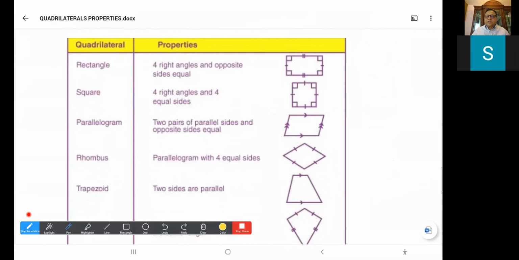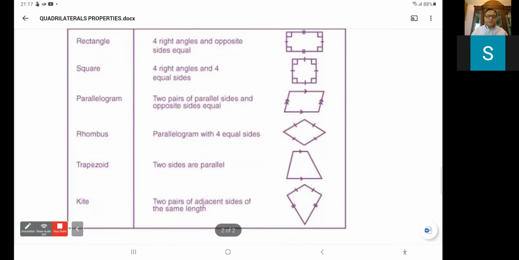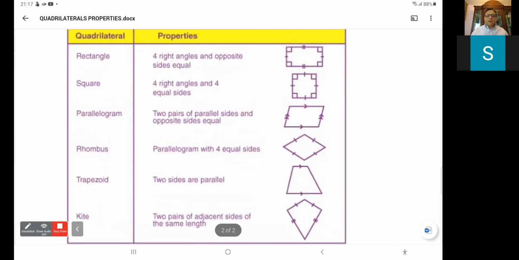See how they mention these things in their figure? Perfect. As I was trying to draw, that is how you have to draw each quadrilateral, correct? Okay, let's move on and see what else is there. So that's an important summary page for all the quadrilaterals. Okay, next page.